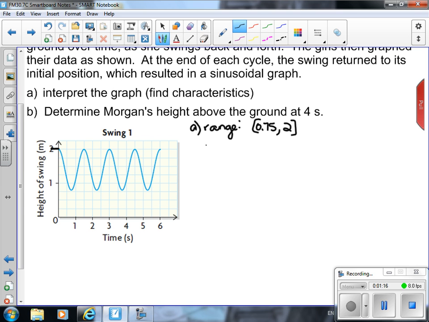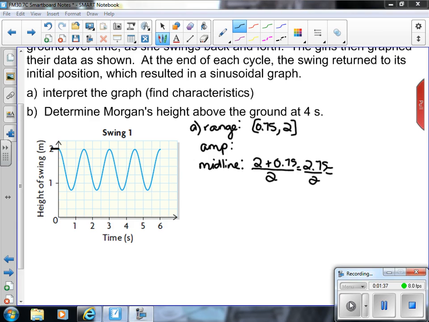We can describe the amplitude and the midline. We'll do the midline first, actually. We want to take our max and our min value and find the average. So 2 plus 0.75 divided by 2 would be 2.75 divided by 2, which would be 1.375.